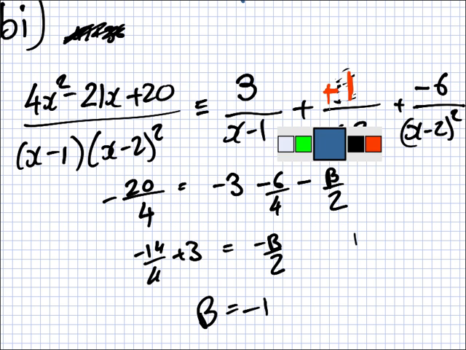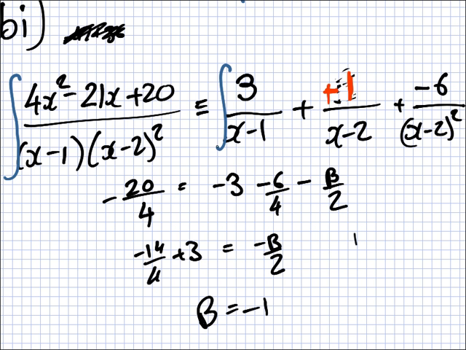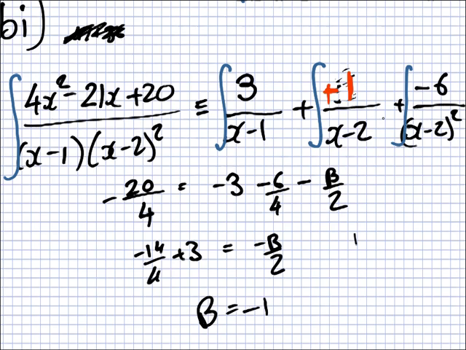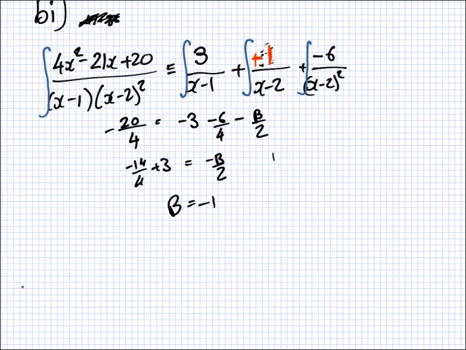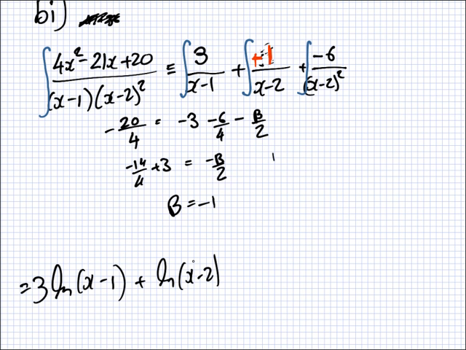they want you to integrate this, which means integrating this. That's okay, isn't it? And what do I need to do to integrate the last one? Substitution, good. So this will be 3 log x minus 1 plus log x minus 2.